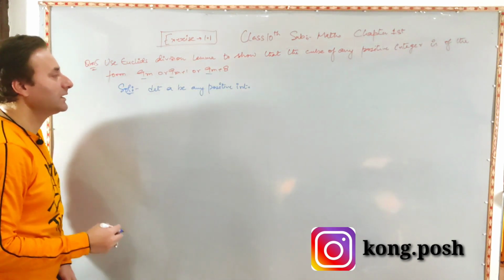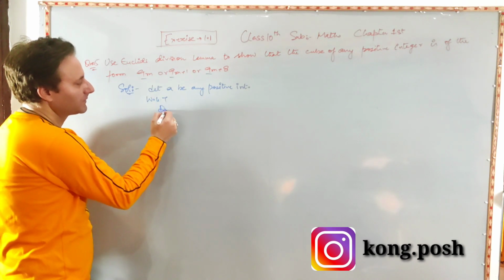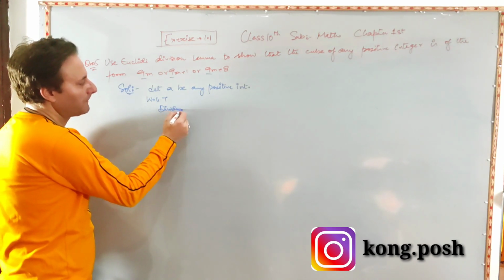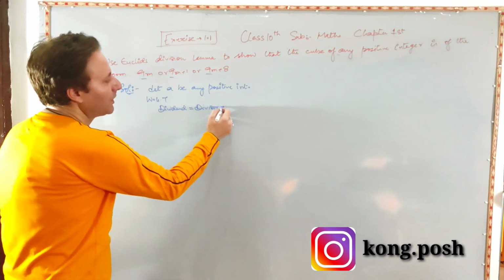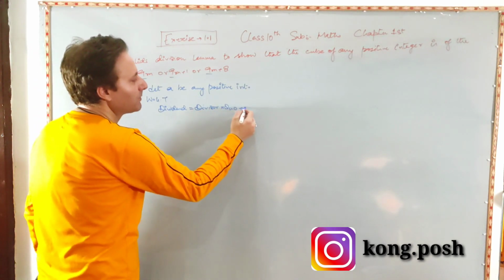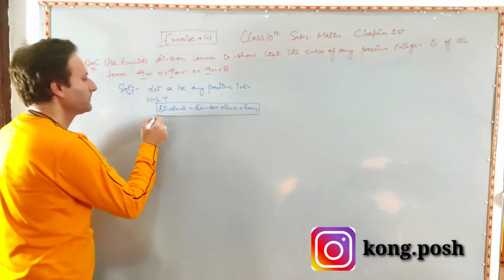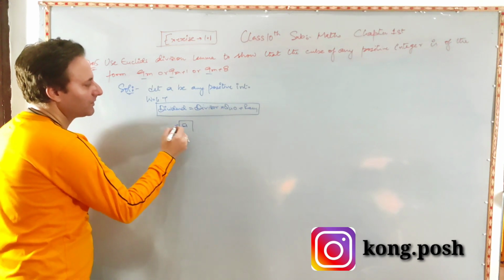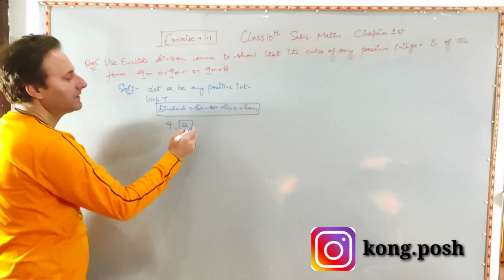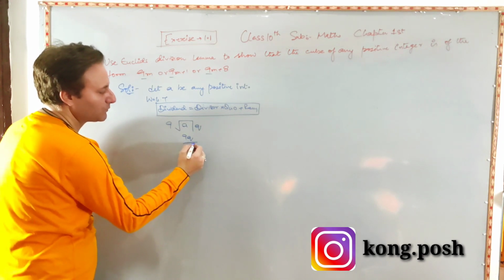Now we know that dividend is equal to divisor into quotient plus remainder. This is the formula that we have been using. Now we have to divide a by 9, so we will have a quotient and a remainder as well.